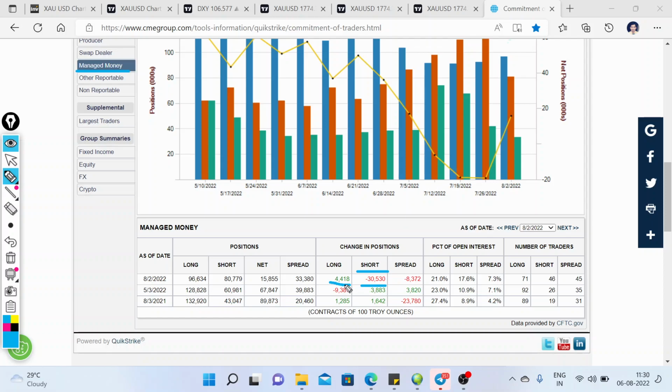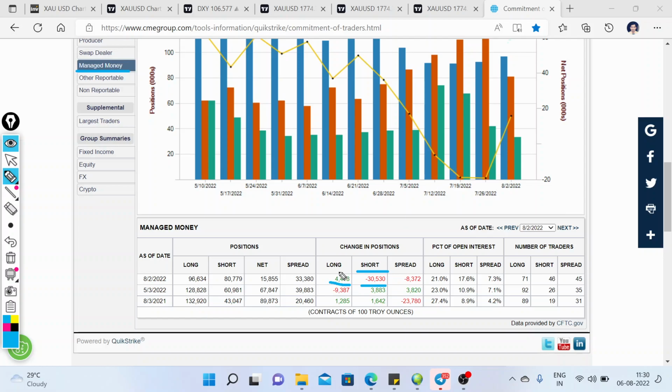But from past data we have to wait for more long positions to be added in this report, because compared to short position changes there is no considerably large change in the long positions. So we have to wait and see what data the next COT report gives. But as of now, this data is showing some bullish sentiment.